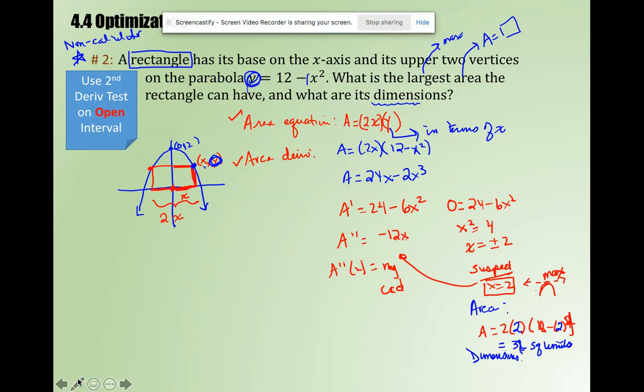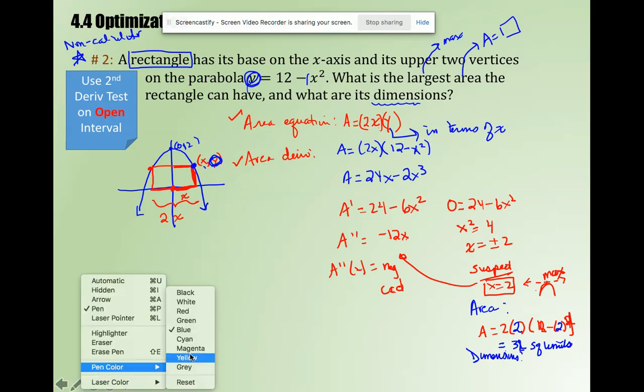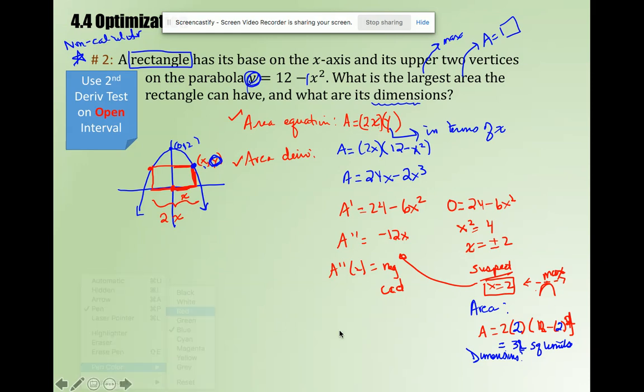And my dimensions, the length doesn't equal 2, does it? What is the length of this rectangle? It's not 2, it's 2 times 2.